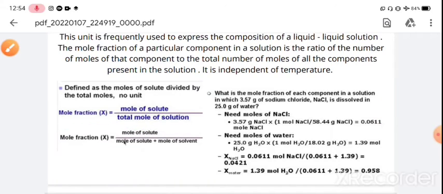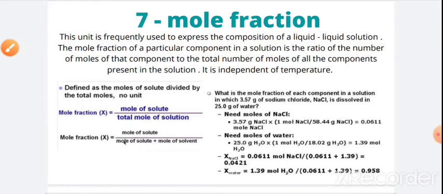What is the mole fraction of each component in a solution in which 3.57 gram of sodium chloride is dissolved in 25 gram of water? Okay, so the quantity is given here in mass. We have to calculate this in moles, because it's mole fraction. The molecular mass of NaCl will be 58.44.